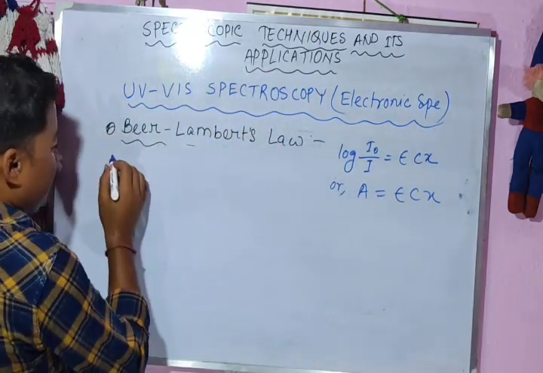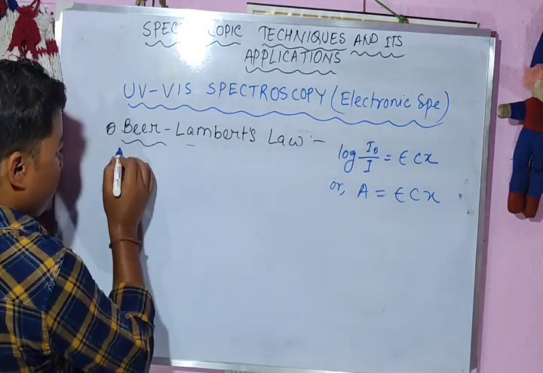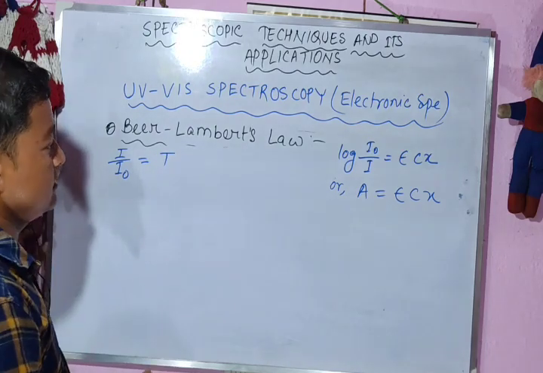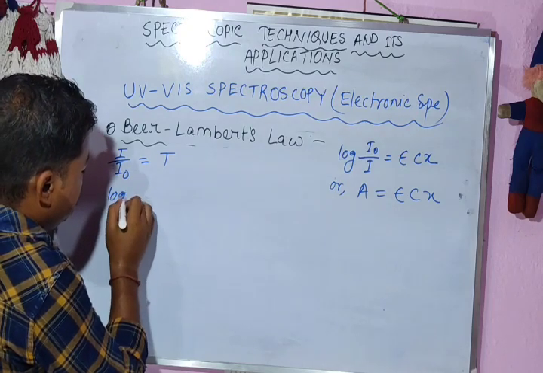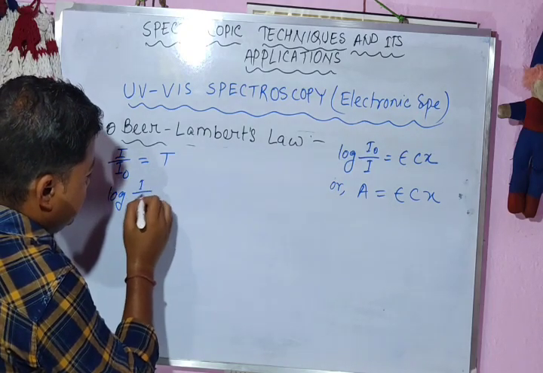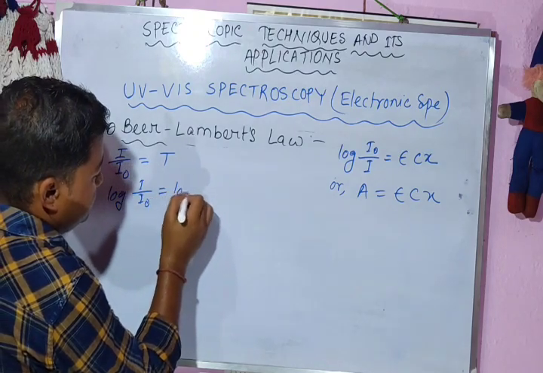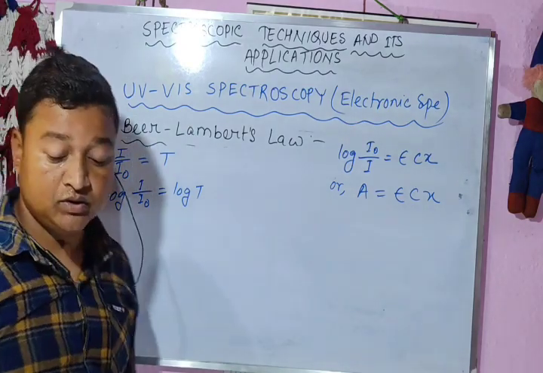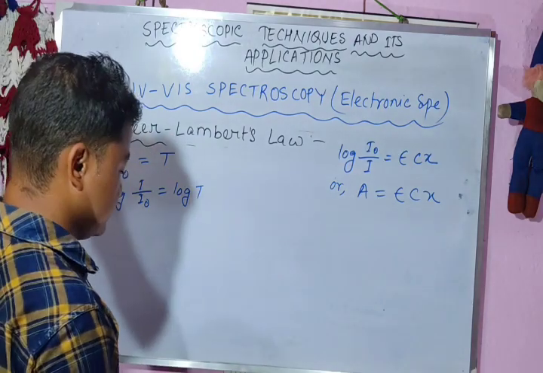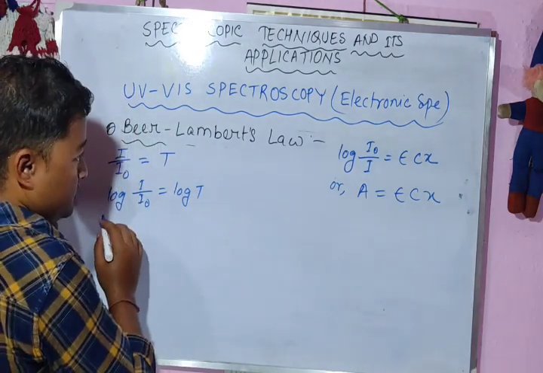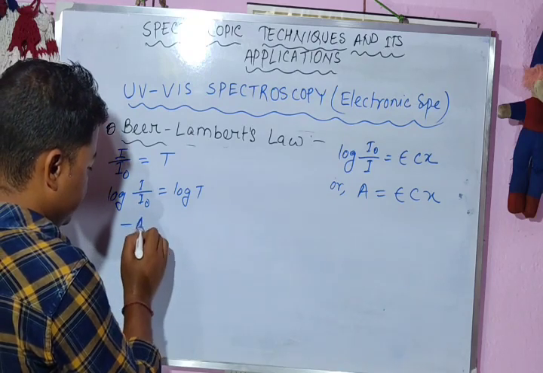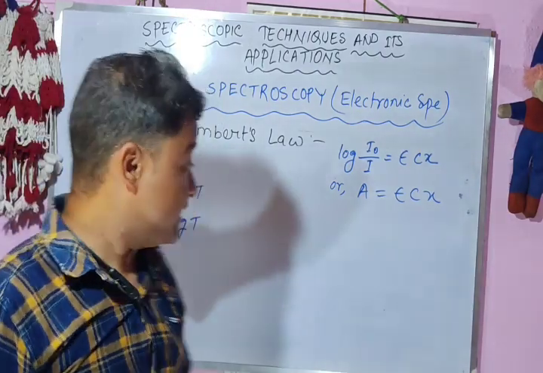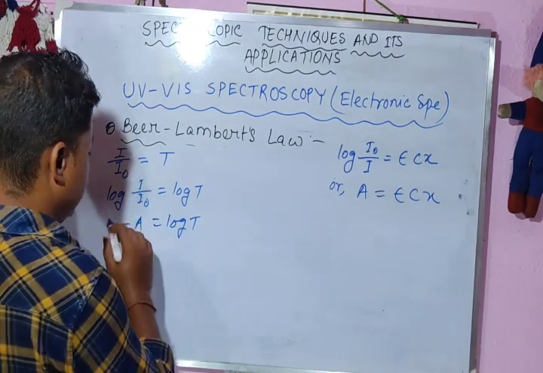And I divided by I0 is called transmittance, that is T. So log I by I0 is equal to log T, and this is minus A equal to log T. This is the total mathematical form.